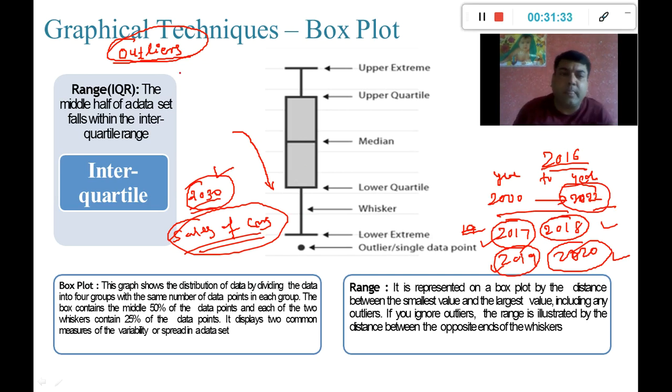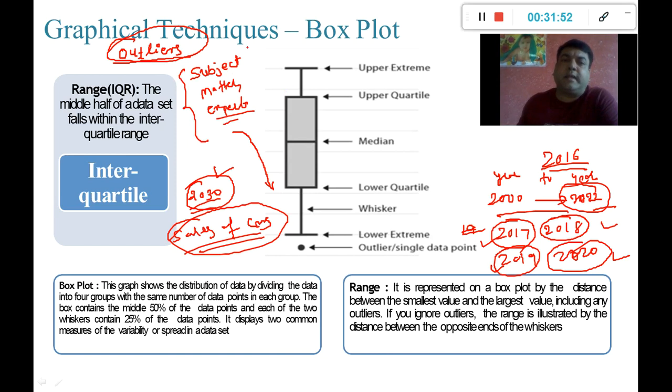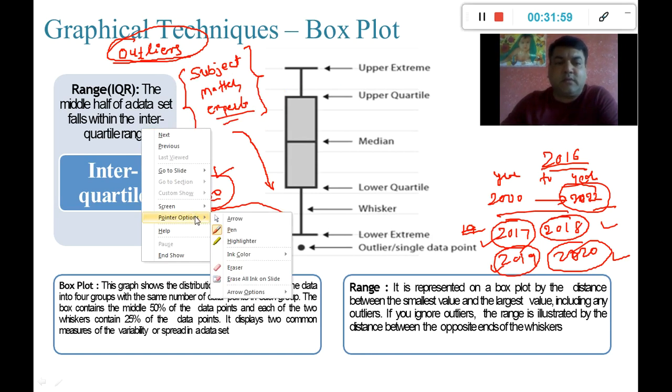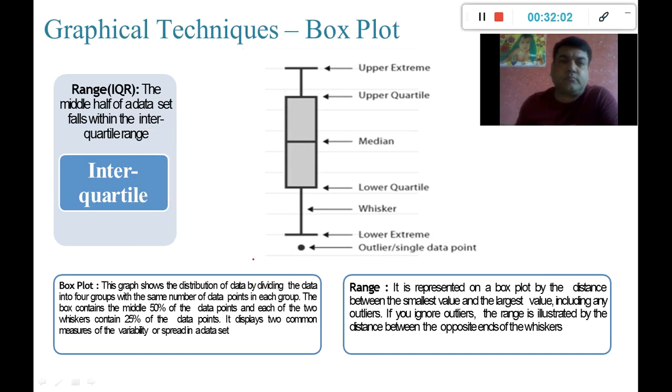Now you have to make sure that you speak to an SME, a subject matter expert. So you will decide after discussion with the subject matter expert whether to take these values or not. But now the important question is, why all this discussion when looking at the box plot? Because the box plot is basically used to identify those outliers.